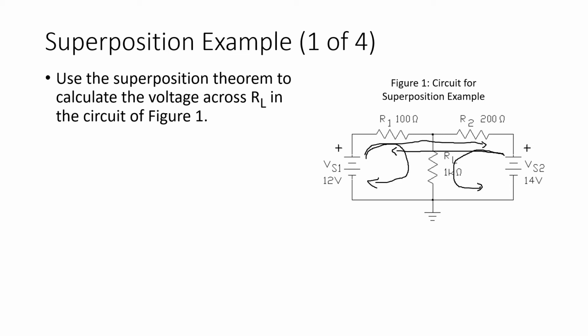So we can't just reduce this circuit as we did in our analysis of series parallel circuits. We have to apply some circuit analysis theorem. Now we could make use of Thevenin's theorem or Norton's theorem, but for this video, we will show an application of the superposition theorem.